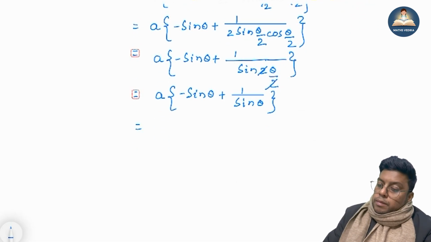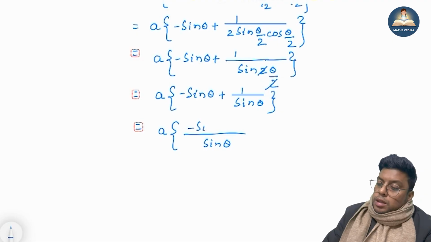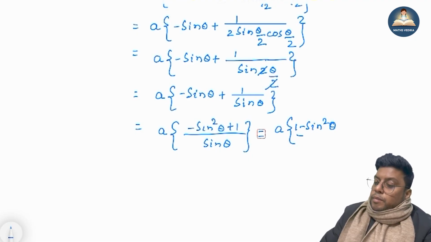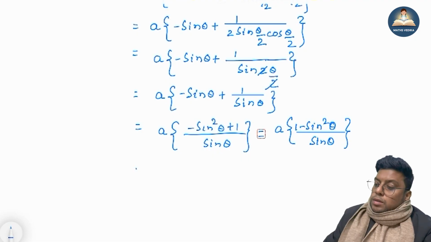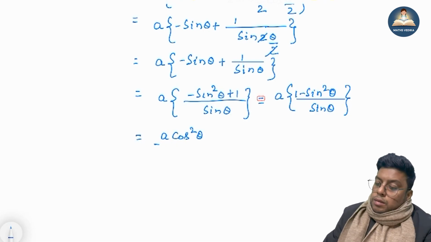Now taking LCM, we'll have a into (minus sin square theta plus 1) by sin theta, which is equal to a into (1 minus sin square theta) by sin theta, which is a into cos square theta by sin theta.